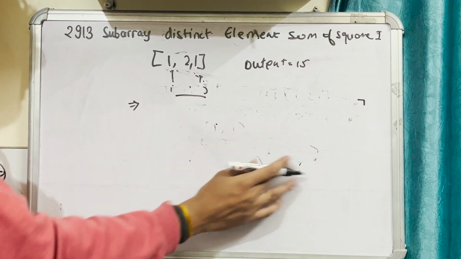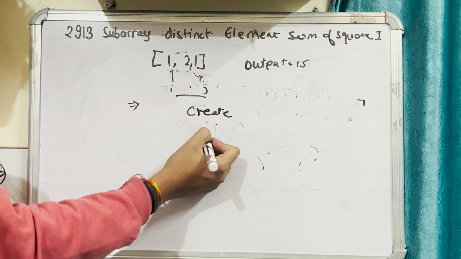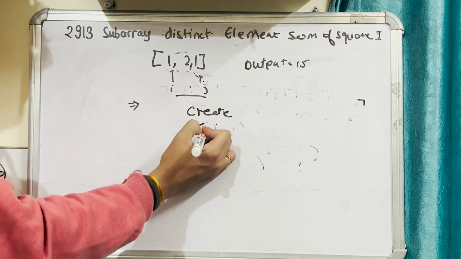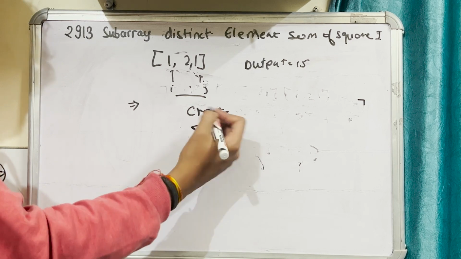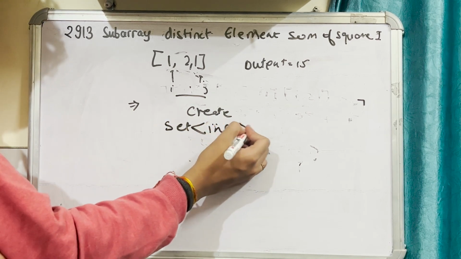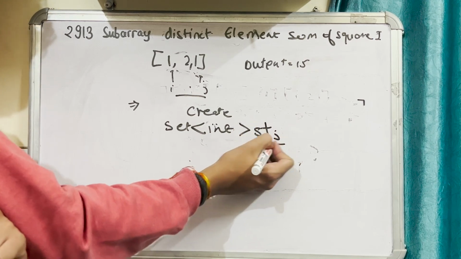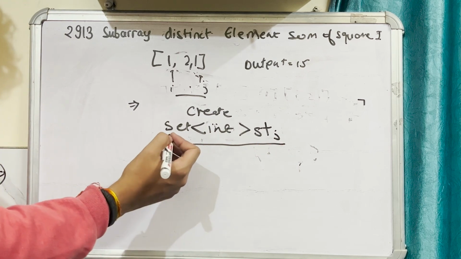So basically, you'll create a subarray. Then you'll create a set for that particular subarray. You know how to initialize it in C++, that's how you initialize a set.